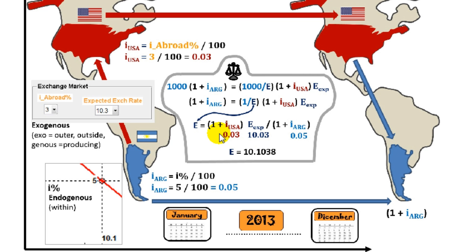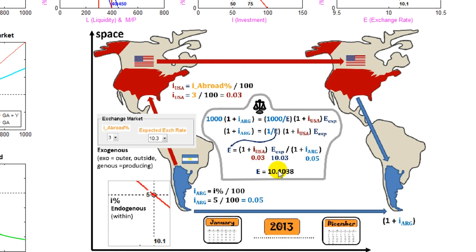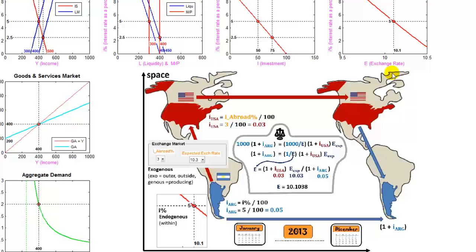So if you calculate this expression, you will get that the exchange rate rounded is this value. So when the interest rate is 5, the exchange rate is approximately 10.1.